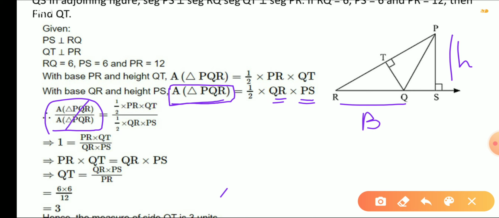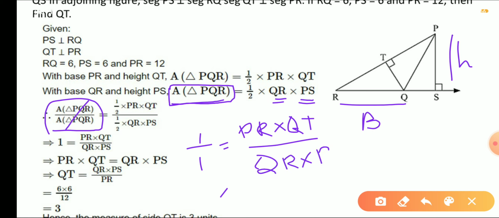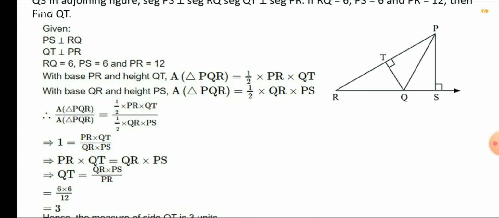With cross multiplication, we get PR multiplied by QT is equal to QR multiplied by PS.